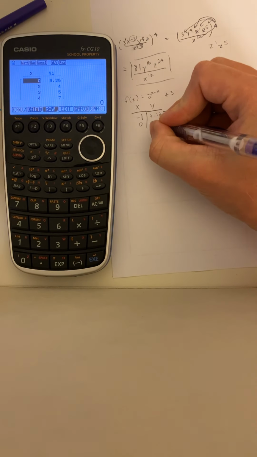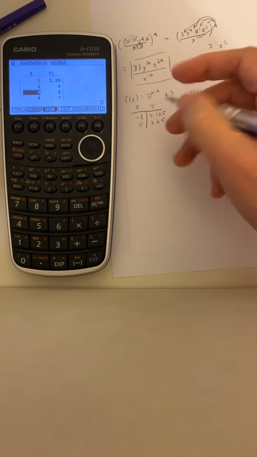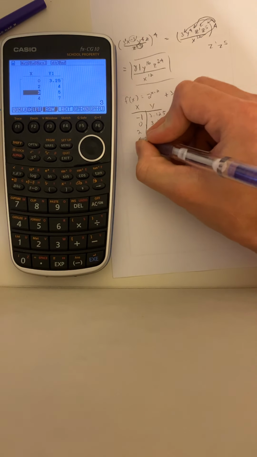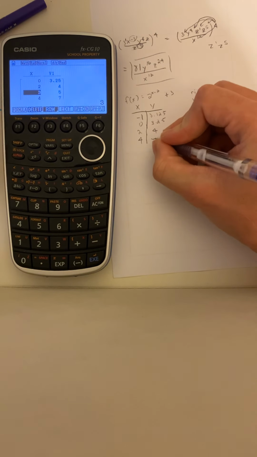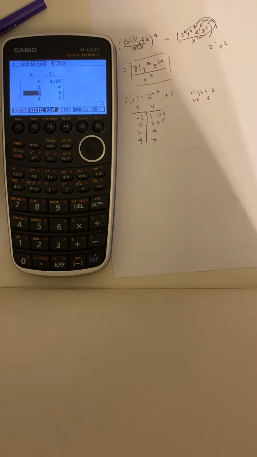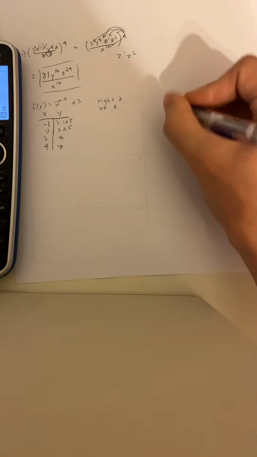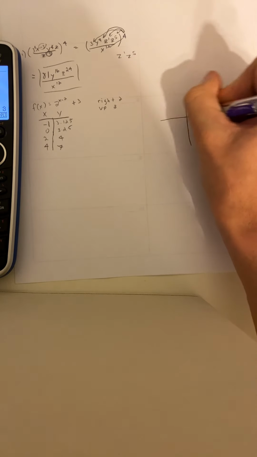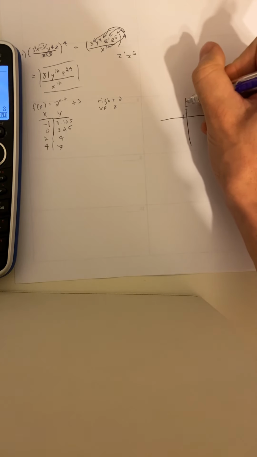It's always good to plug in 0 because that gets us our y-intercept. So 0, 3.25. And then let's do 2 and 4. So 2, because they're already there. So 2 gets us 4, and 4 gets us 7. So now we have a good amount of points for us to be able to graph this. So if we want to graph, we make our points, -1, 1, 2, 3, 4.